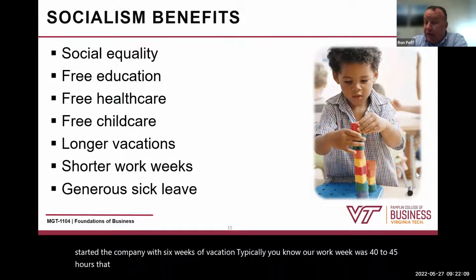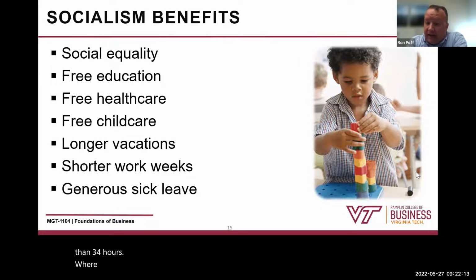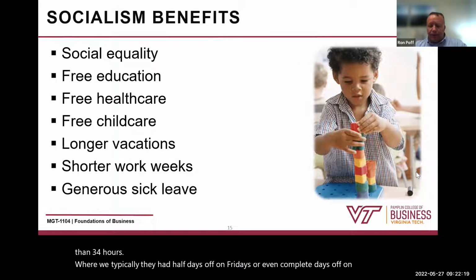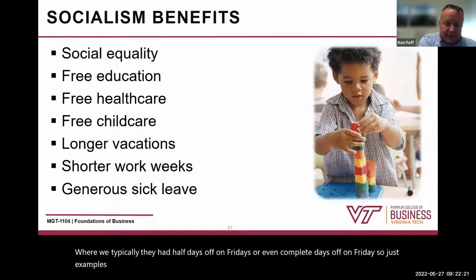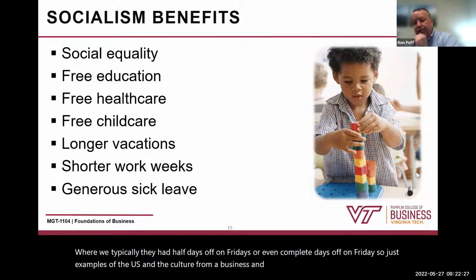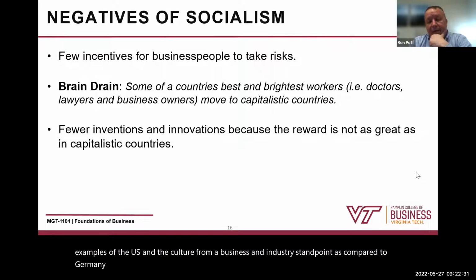They had a law that they could not work more than 34 hours per week. Typically, they had half days off on Fridays, or even complete days off on Fridays. So just examples of the US and the culture from a business and industry standpoint as compared to Germany or other parts of Europe. There's definitely some negatives of socialism, one being the brain drain.